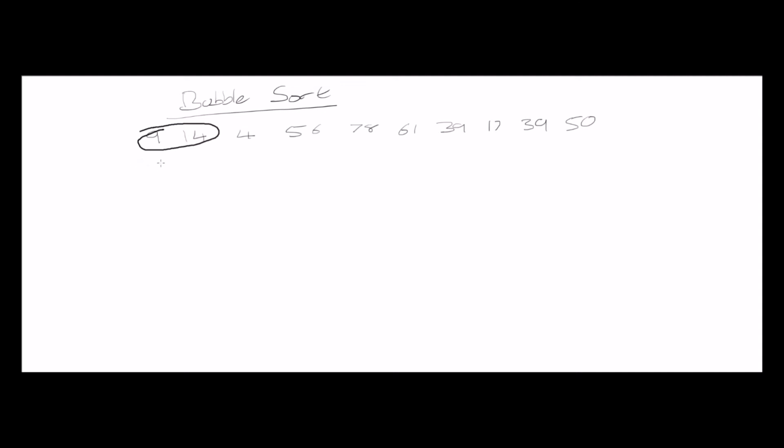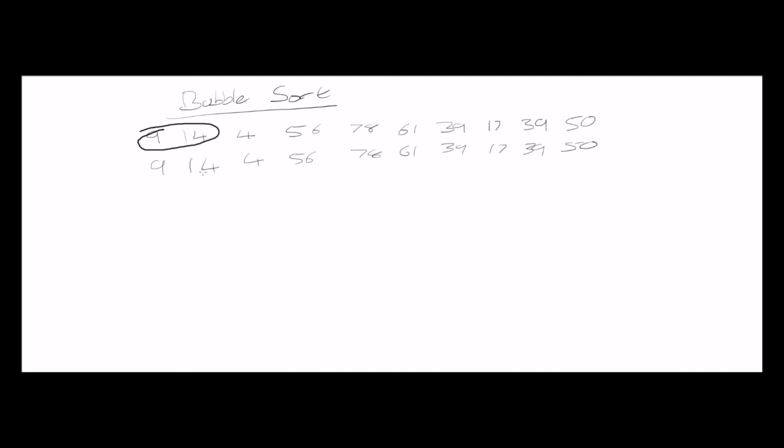So what I then write out is 9, 14, 4, 56, 78, 61, 39, 17, 39, and 50, like that.